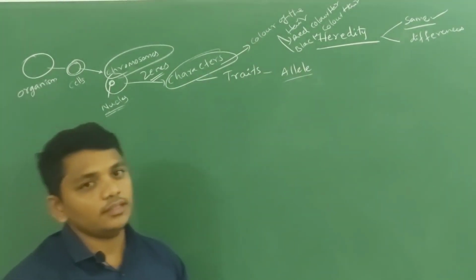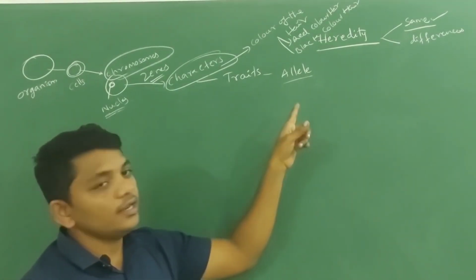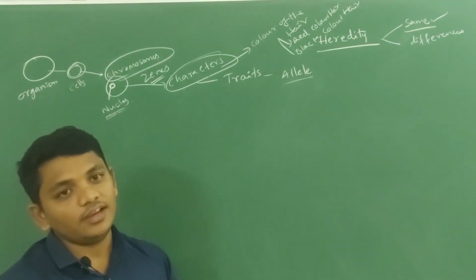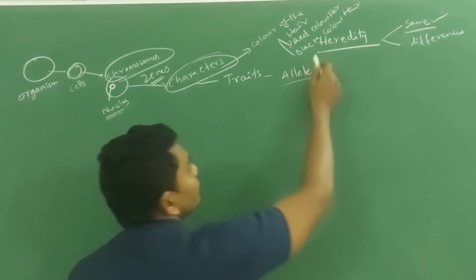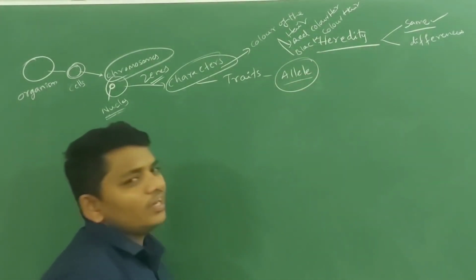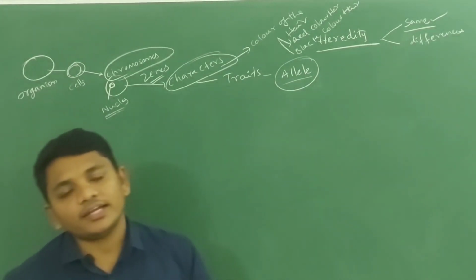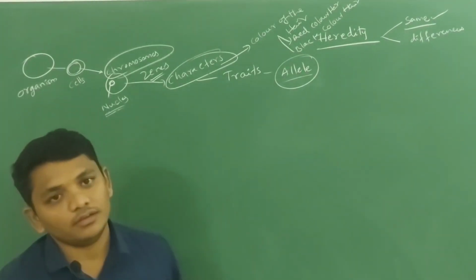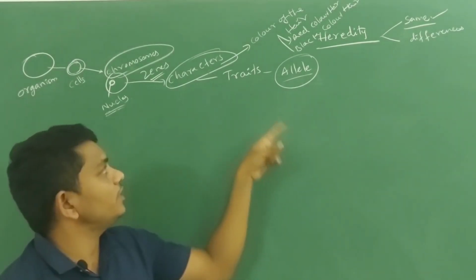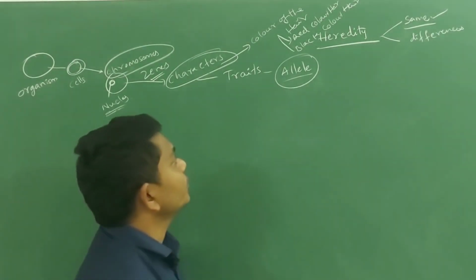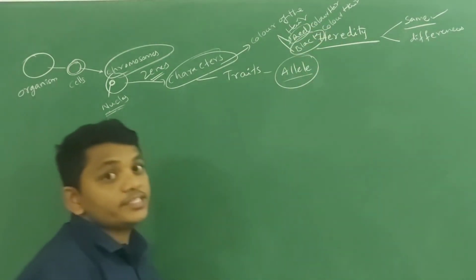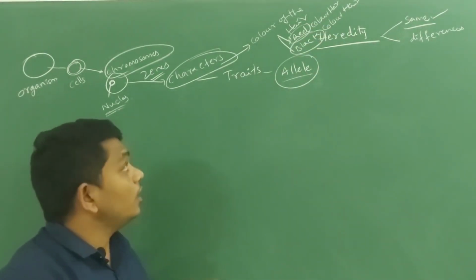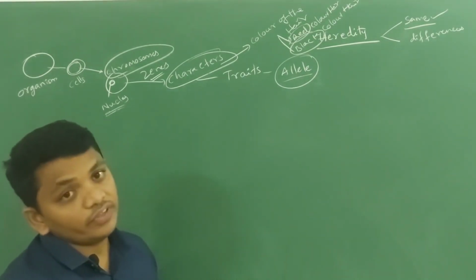Then what is an allele? An allele is a part of a trait. Usually the allele is a factor which indicates the trait. Here the red and black traits are identified with alleles.